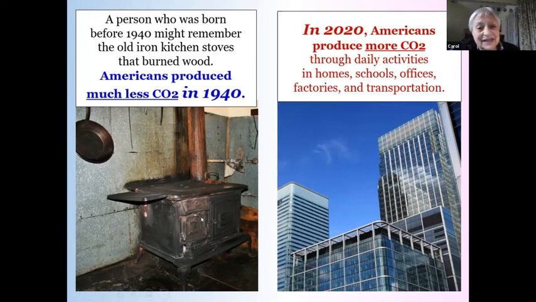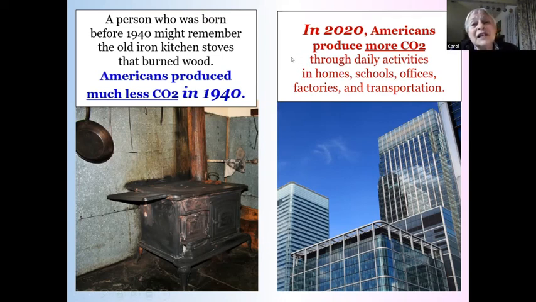Now, my aunt's old iron stove did not look this yucky, but even in my lifetime, people were using this kind of contraption to cook. But it produced much less CO2, even though they were burning a fuel.